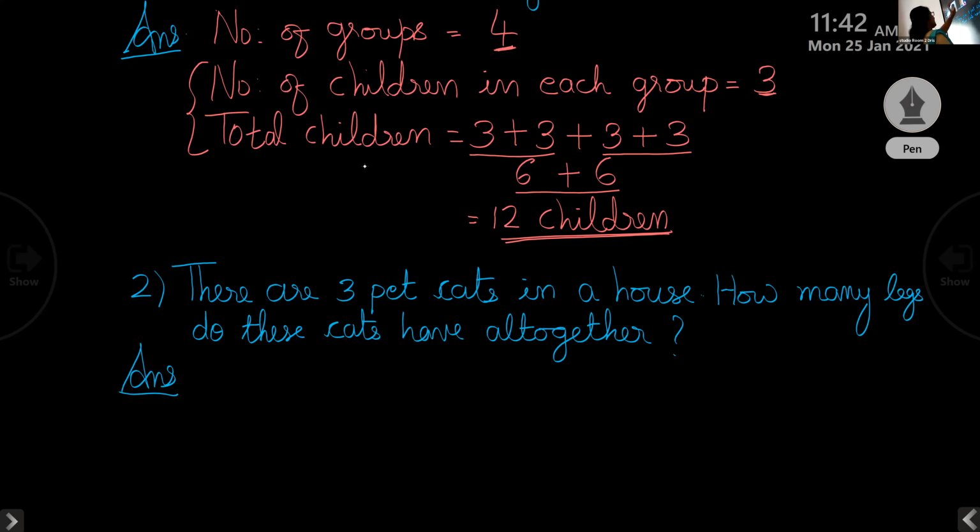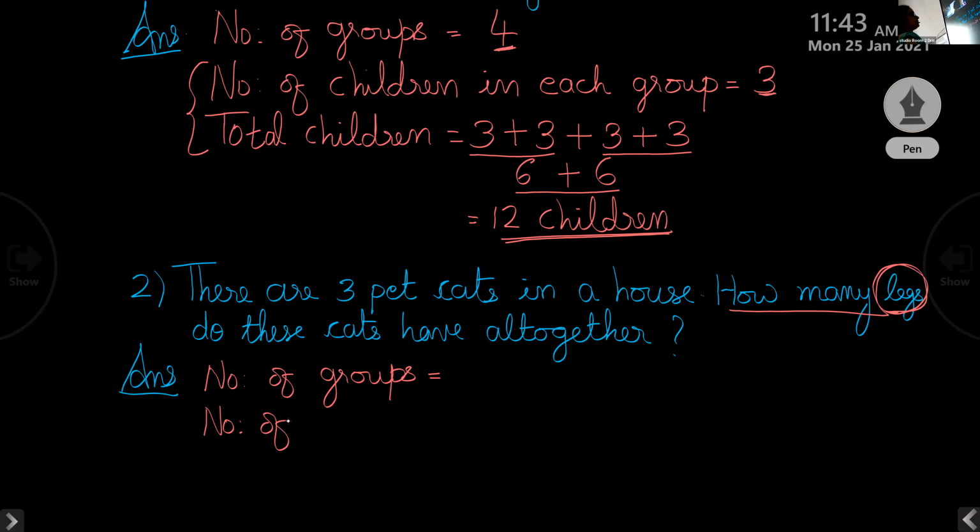Now, see here. How many legs? So, second and third statement should be related to legs. First one, number of groups is equal to. Second one, it is told to find out the number of legs. All of you listen here, stop writing.